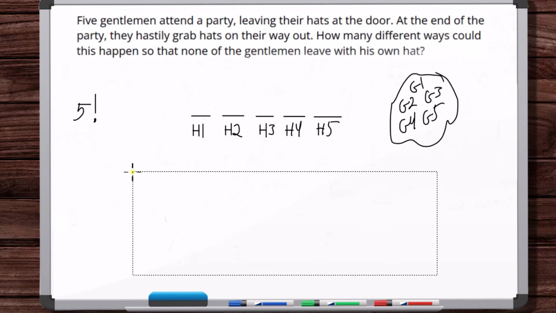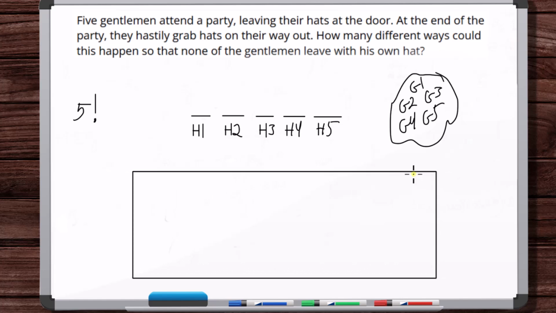And what we're trying to do is subtract out what we don't want. To do that, we're going to make sets that include everything we don't want.